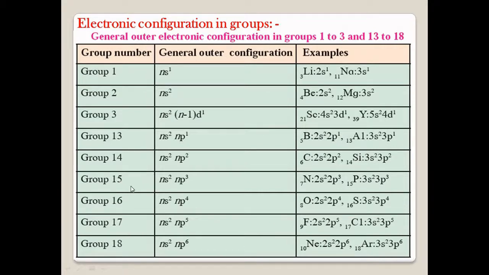Group 15 means 5 electrons in the last valence shell, 16 means 6 electrons, 17 means 7 electrons, and 18 means 8 electrons in the valence shell. Are you getting this? So this indicates the group.